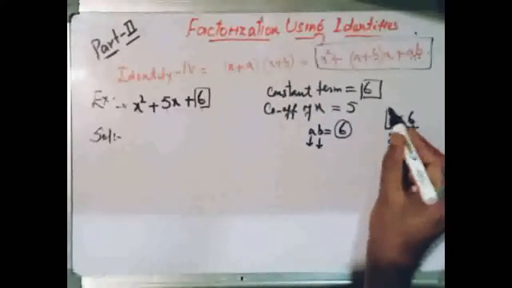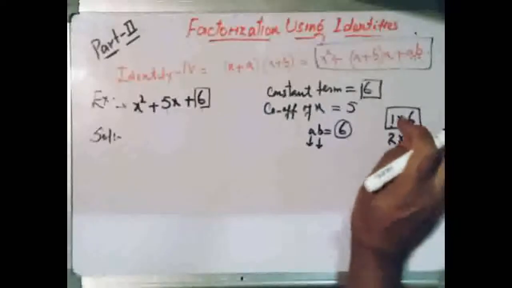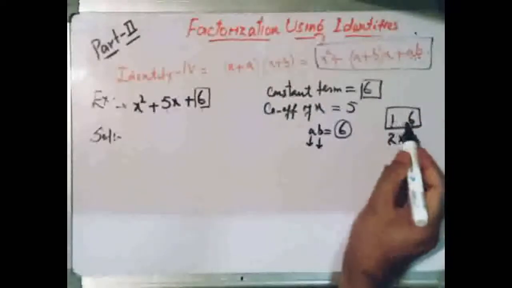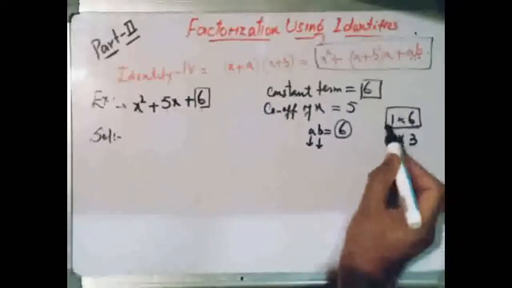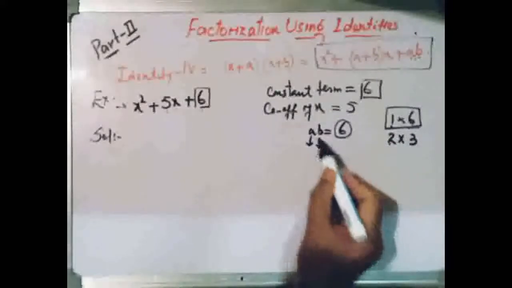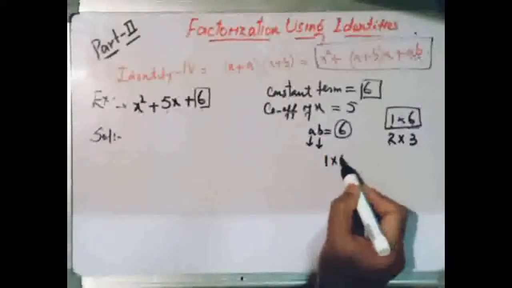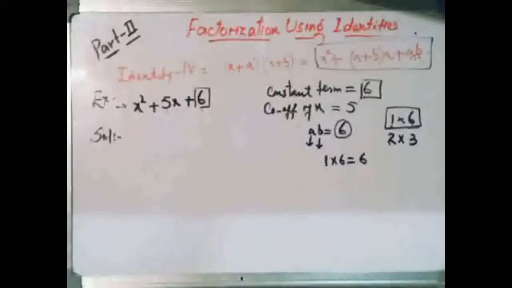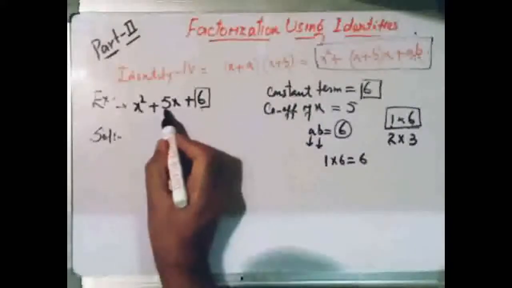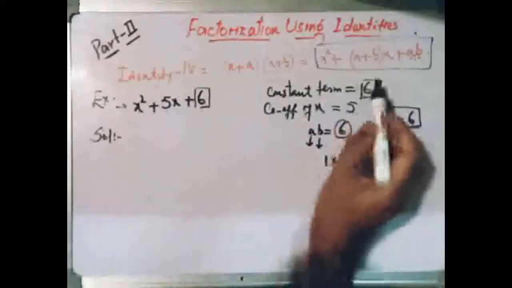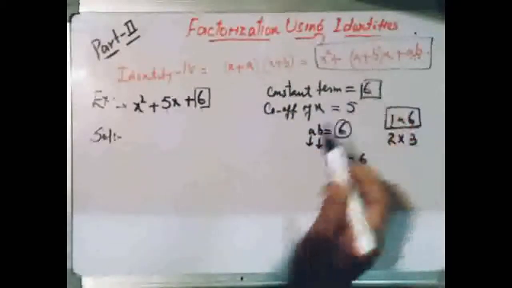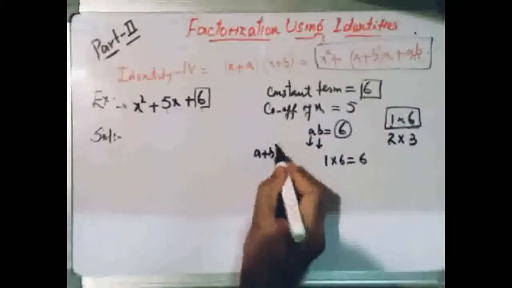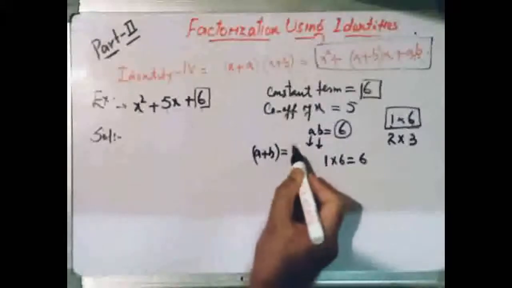Now let's take these two factors, 1 and 6. Say A is equal to 1, then B is equal to 6, 6 ones are 6, right? But here is another thing: A plus B must be equal to 5.